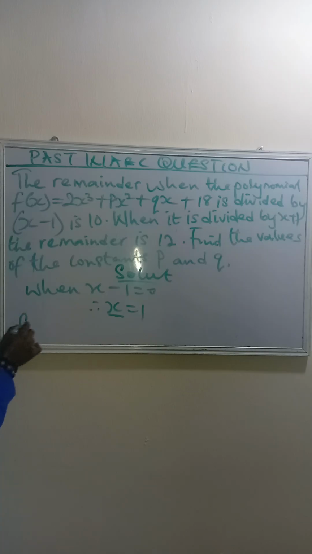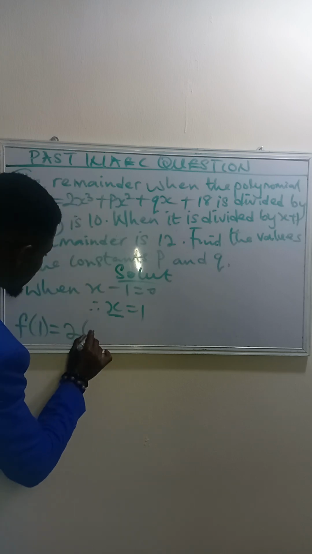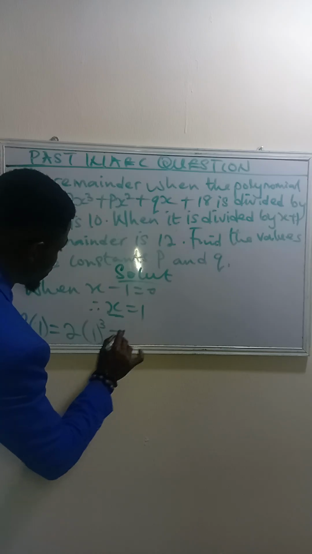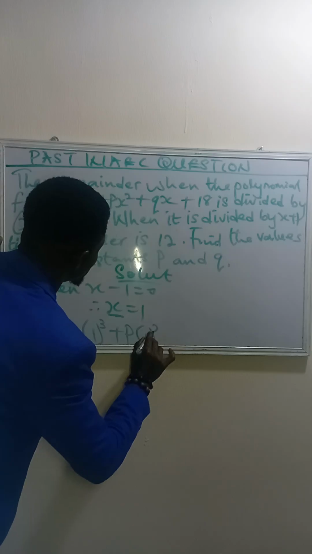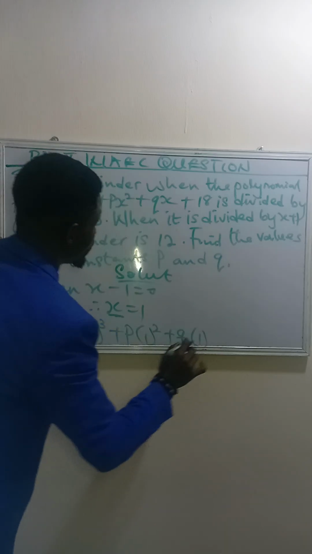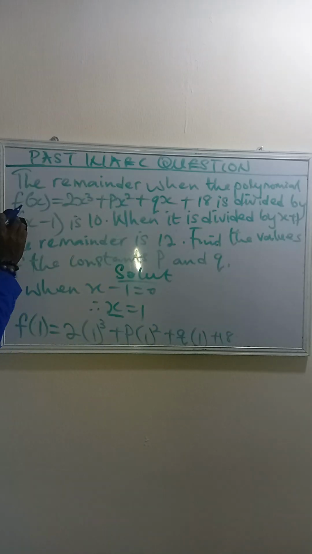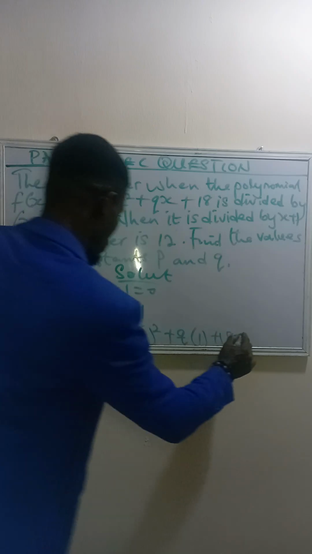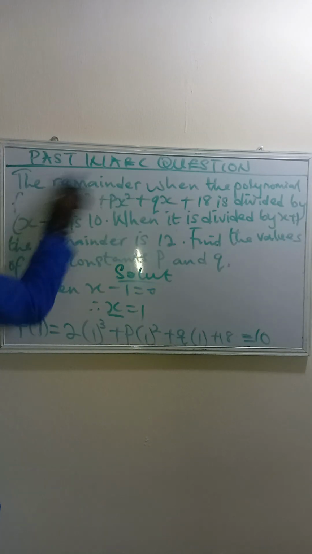We have f of 1, which is 2 bracket 1 raised to power 3, plus p bracket 1 raised to power 2, plus q 1, plus 18, equals 10.